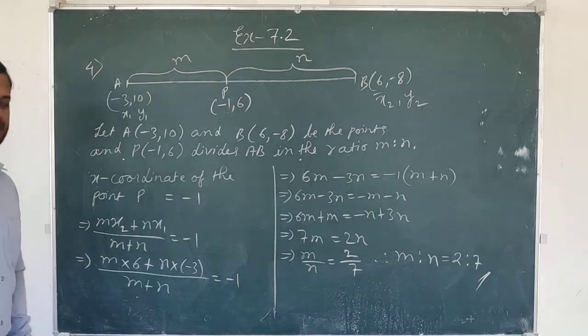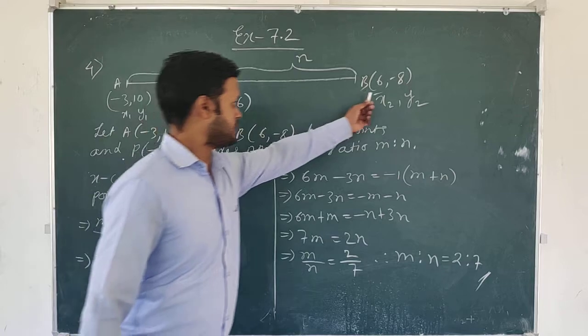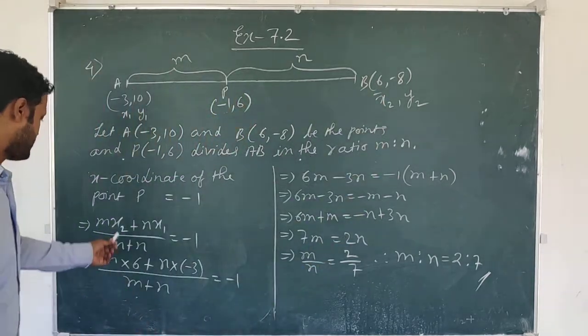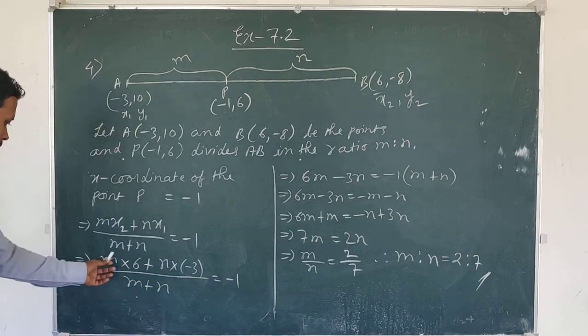What is the value of m? No need to put, because m is to n is what we need. What is the value of x2, students? 6. In place of x2 we put 6. What is the value of x1? Minus 3, and divided by m plus n.